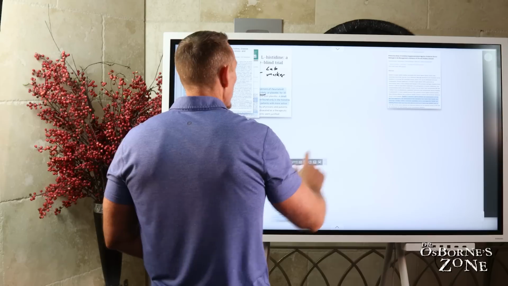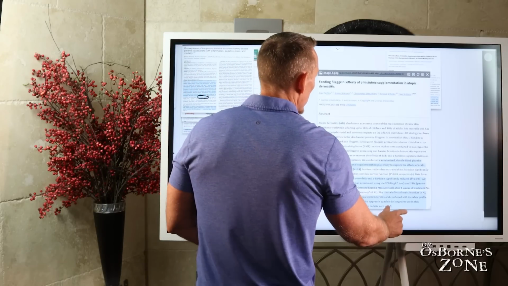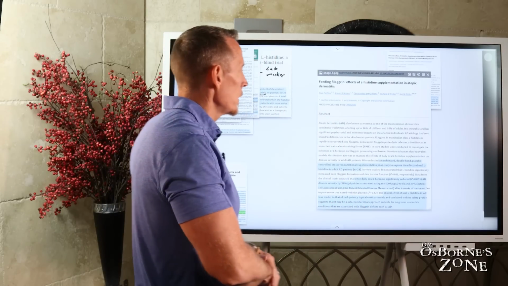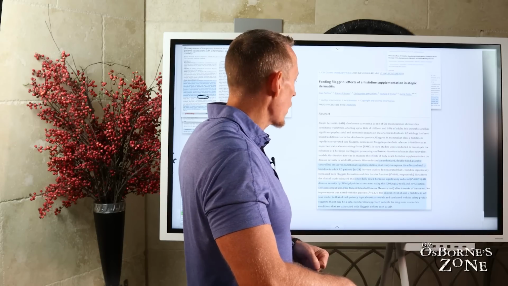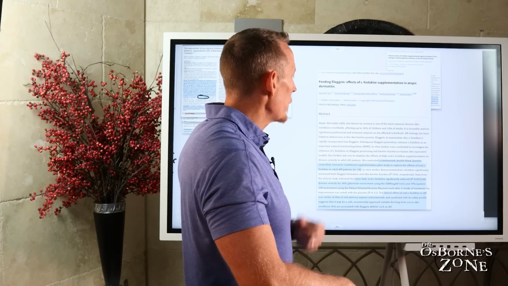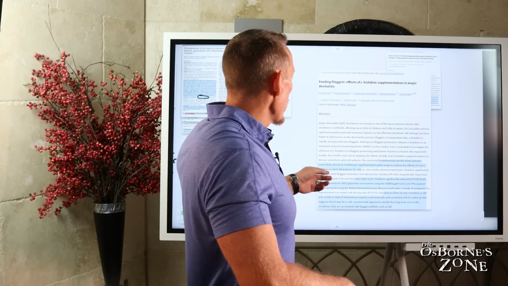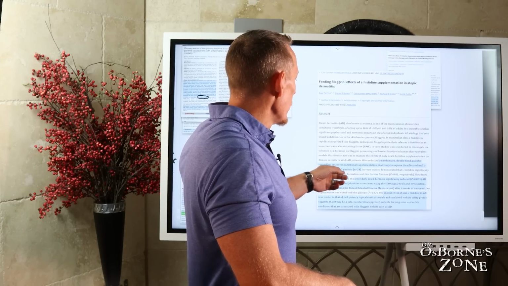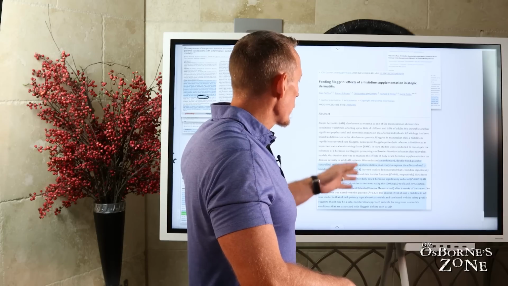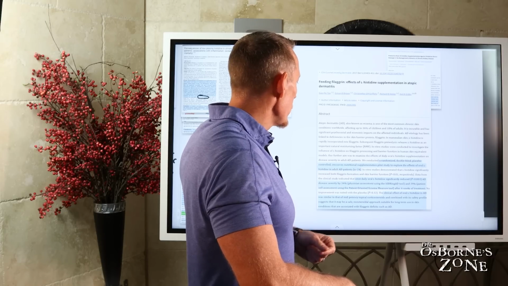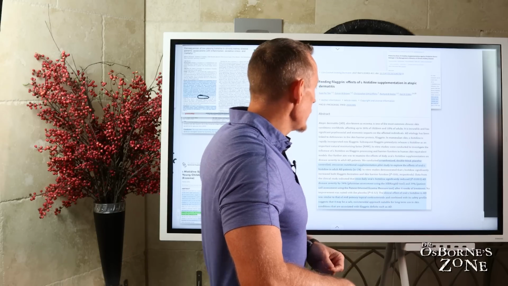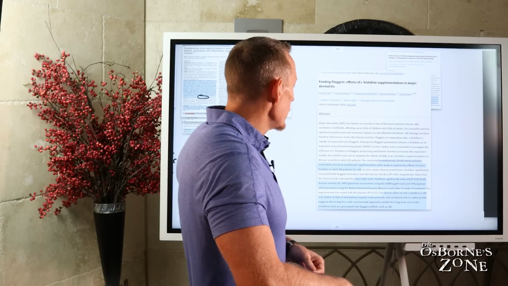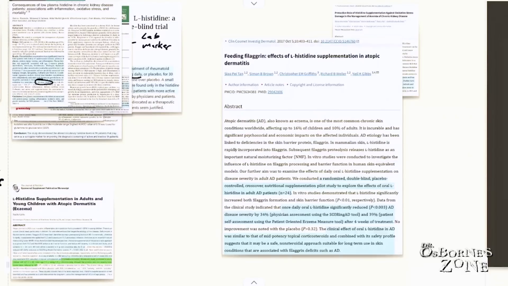Okay, we talked about this a few times, but this was, again, a human study. This was a randomized, double-blind, placebo-controlled crossover nutritional supplementation pilot study where they were giving histidine to adult atopic dermatitis patients. There were 24 people in this study. You can see once daily oral histidine significantly reduced atopic dermatitis disease severity by 34%.